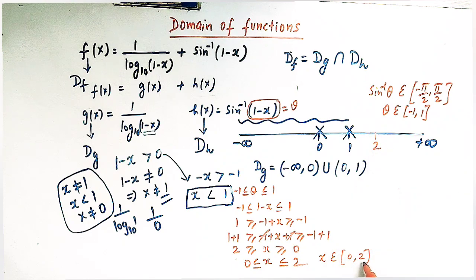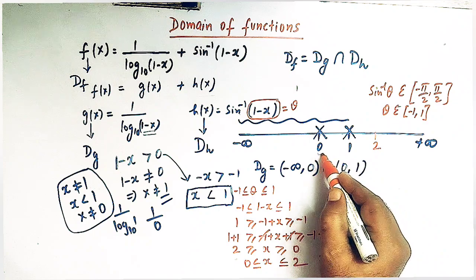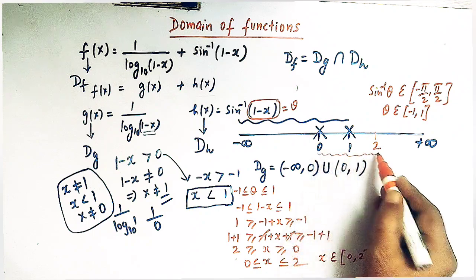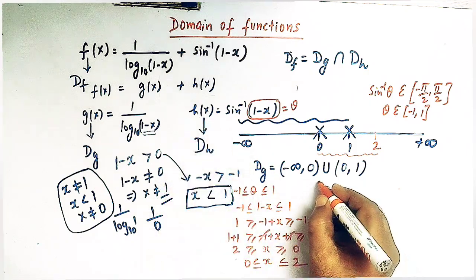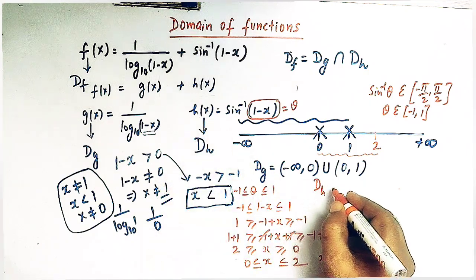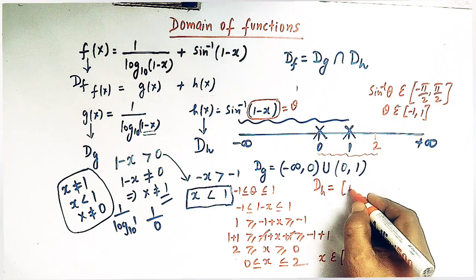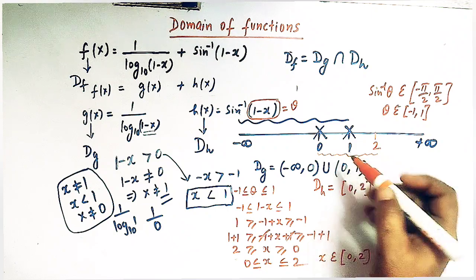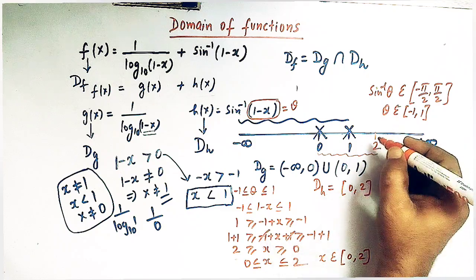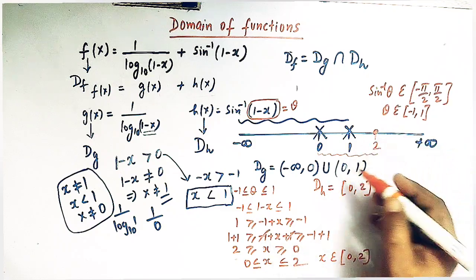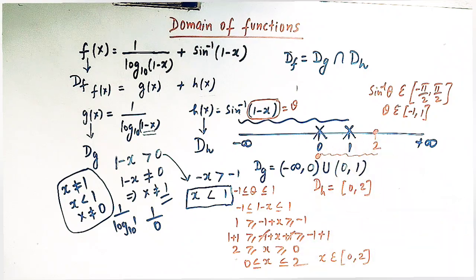And we go from 0 to 2. So let us draw it over here. So this is the domain of this function h of x. So we write Dh equal to the interval 0 comma 2. And remember here 0 and 2 both are included, right? So here we have 0, and here we have 2.